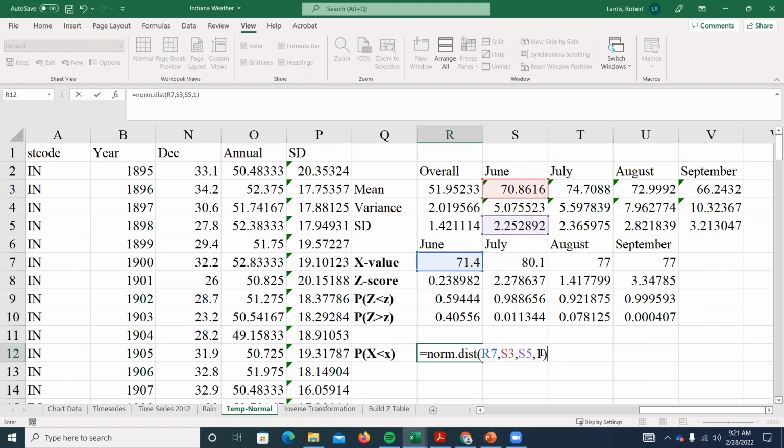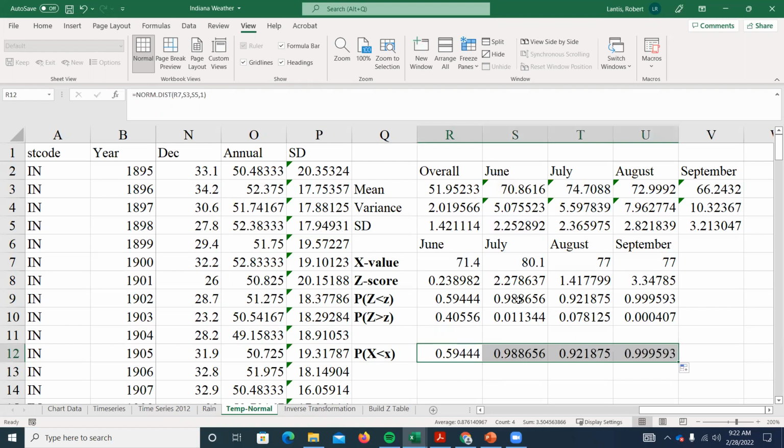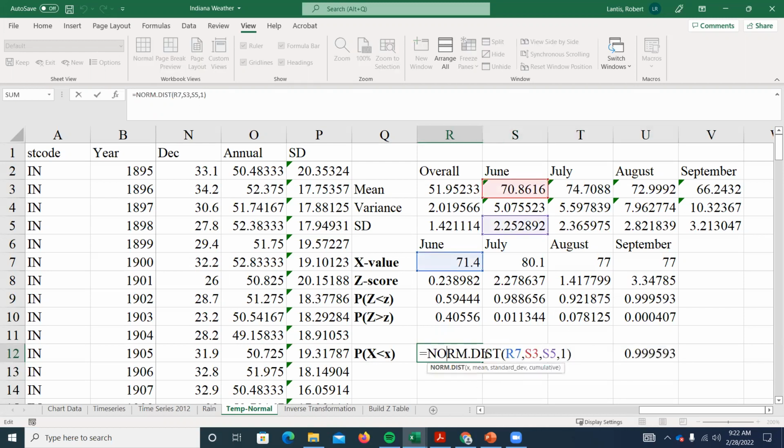So this is going to calculate that z-score behind the scenes for me. It's then going to look it up and return the probability of seeing that z-score or anything below it. So I should get the exact same values. It's just that I've cut out some of the middle work. Sure enough, I get the exact same thing. If I copy it over, I'll find the exact same thing for the other ones as well. So just using that norm.dist, it does all the work behind the scenes for me.